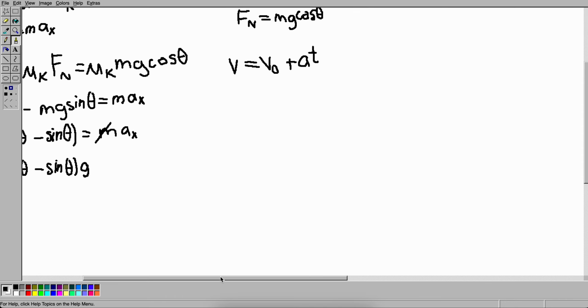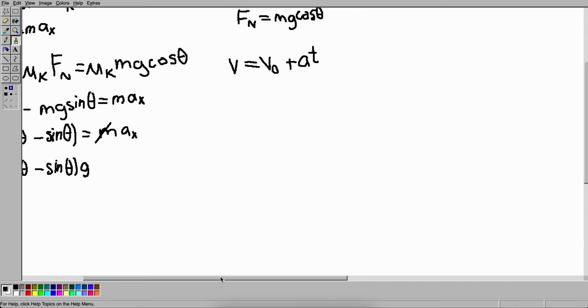So we can write that our final velocity is equal to our initial velocity plus this equation right here times t. And if we plug in all of those numbers, for A, our theta is 12 degrees, we get negative 9.49 meters per second.